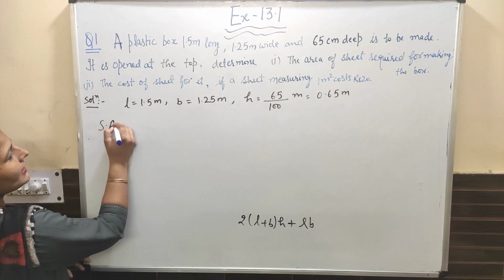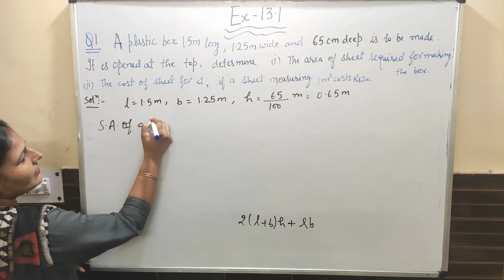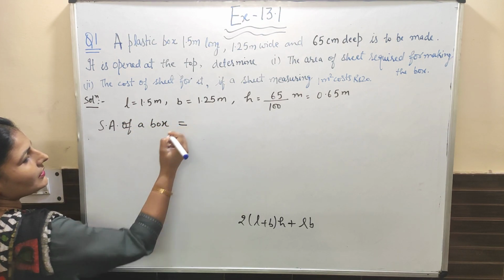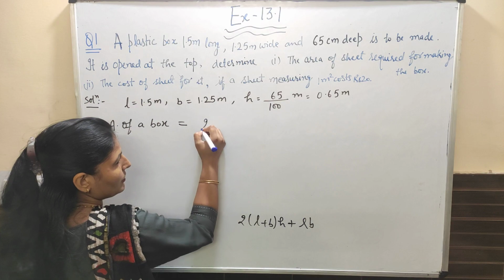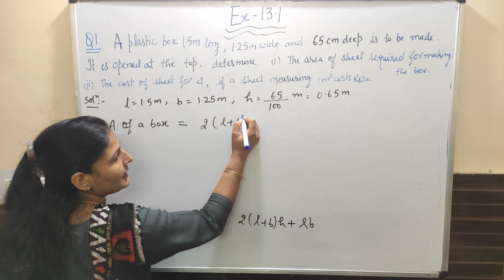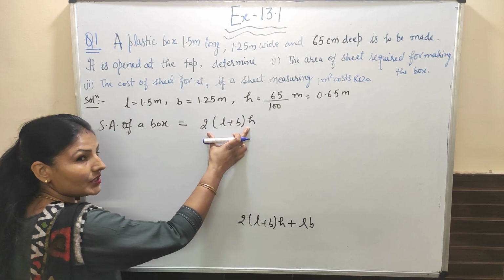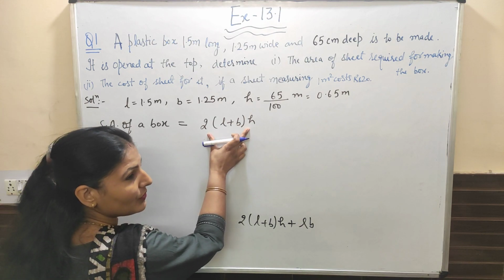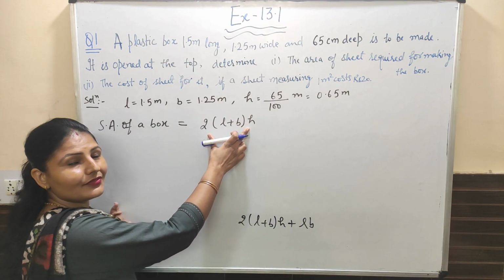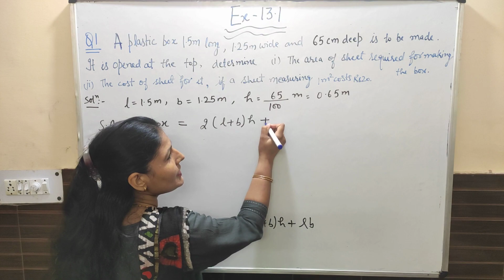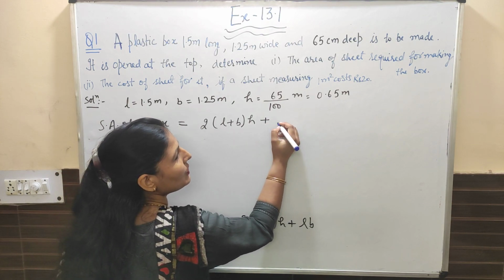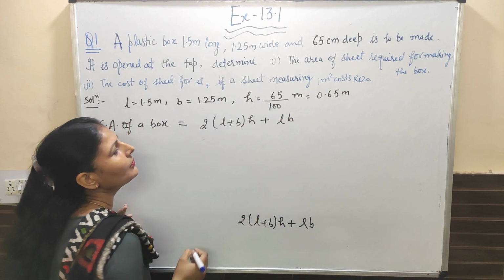Now surface area of a box. It will be 2 into (L plus B) H, which is area of 4 walls, or you can say lateral surface area of the cuboid, plus we require area of bottom, means length into breadth.